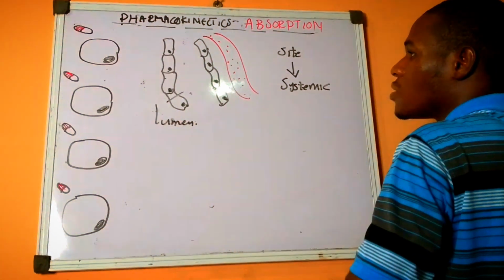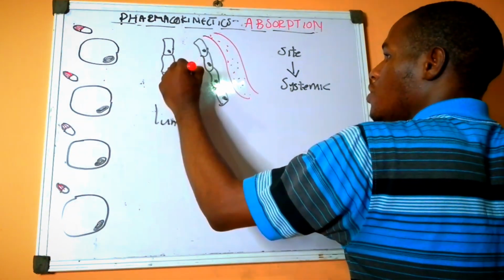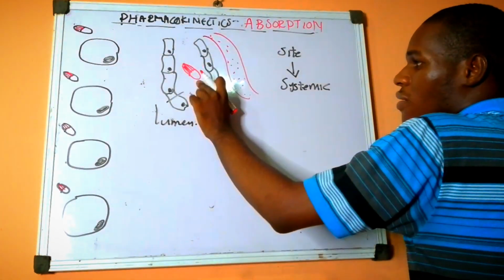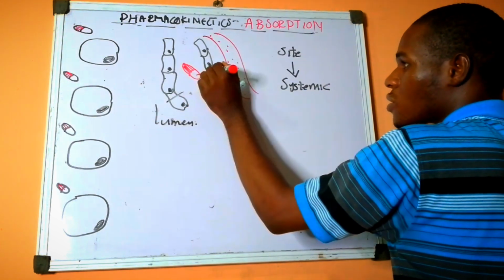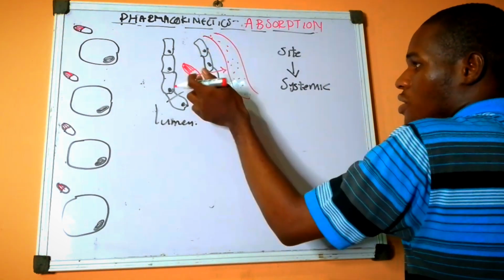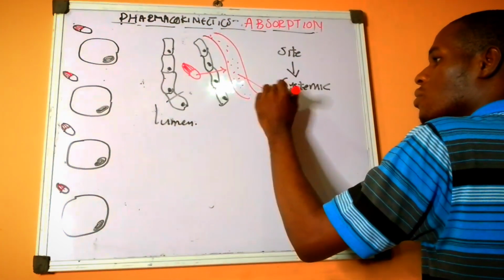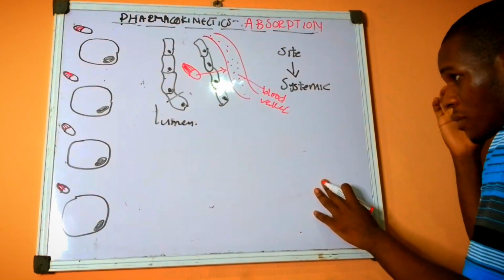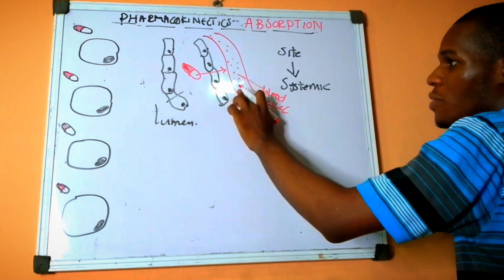If I took a drug, and I took this drug orally, this drug that I've taken orally will have to cross the cell membrane, then cross the cells and into the blood vessels of the small intestine. This is absorption of this drug from its site of administration into the bloodstream.